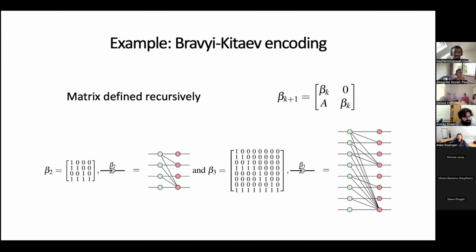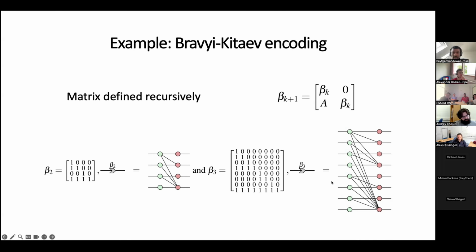The difference is that instead of adding one new qubit in each recursion, we double the number of qubits that we're acting on. So this encoder has this tree-like structure, which will become apparent in a moment.